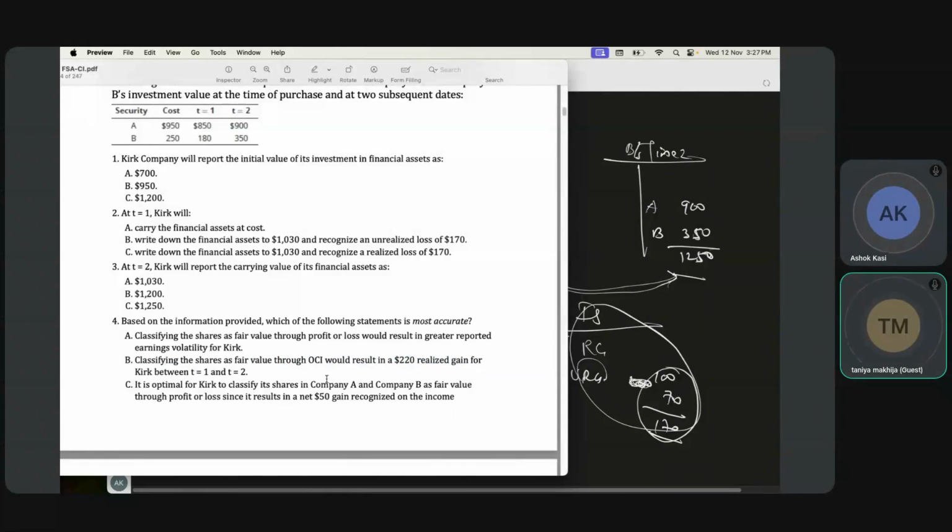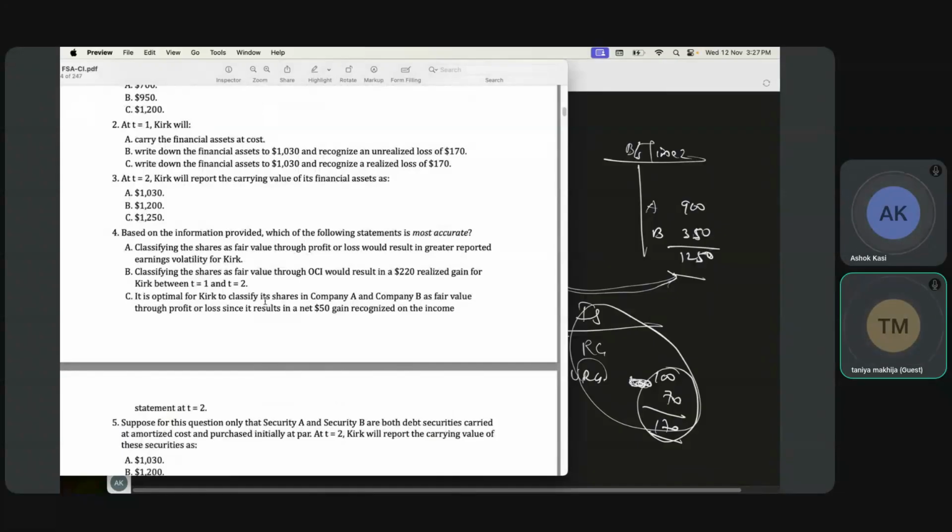The next one. It is optimal for Kirk to classify its shares in company A and company B as fair value through profit or loss, since it results in 50 gain recognized on the income statement at time 2.